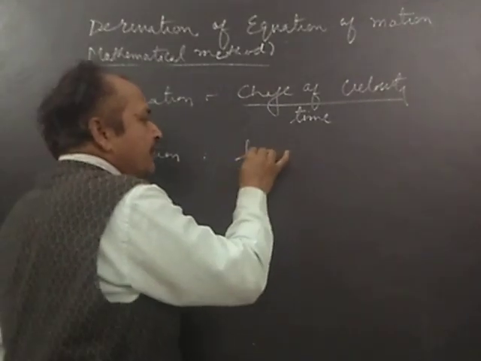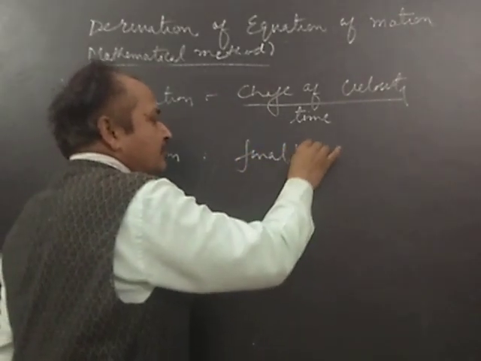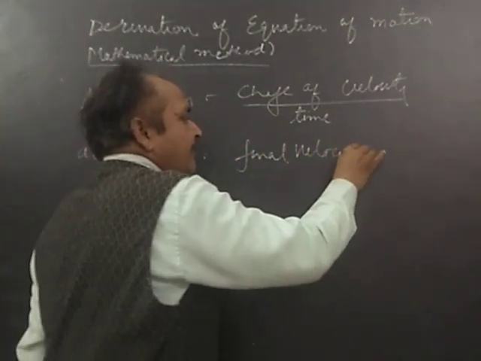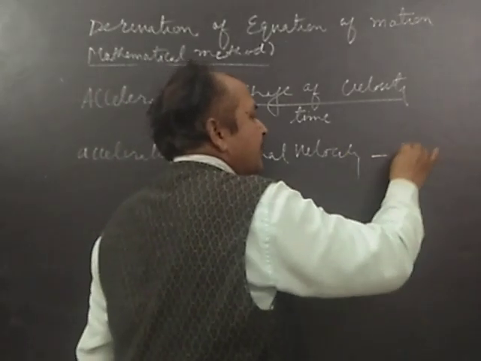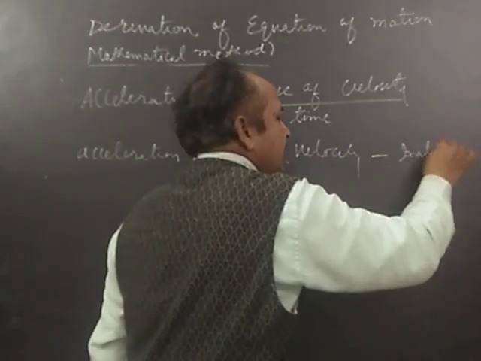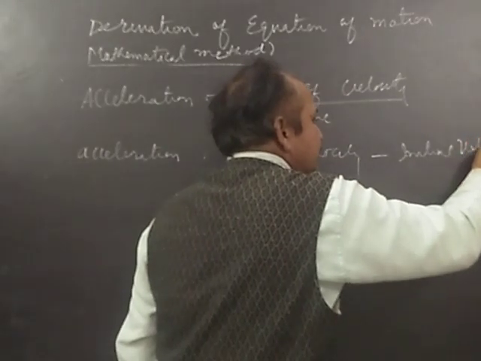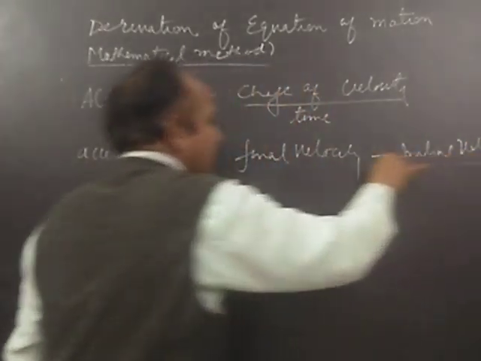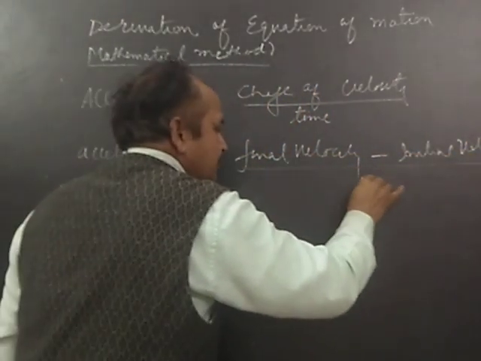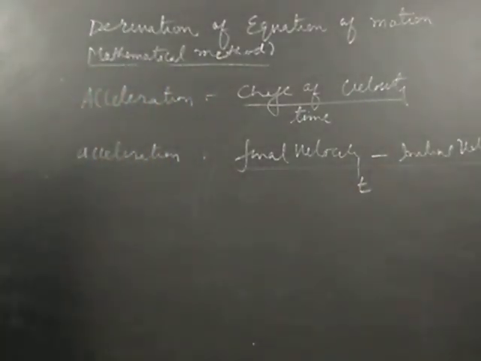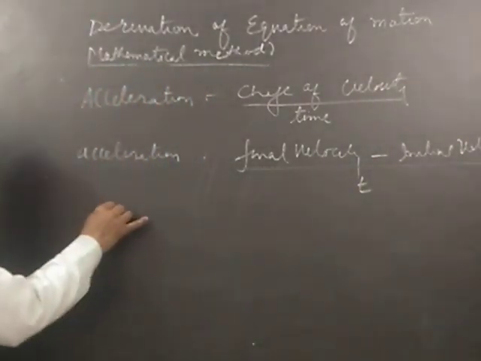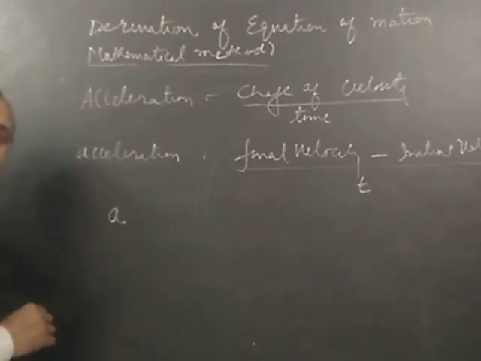Obviously, final velocity minus initial velocity, divided by t, and the representation is with a.